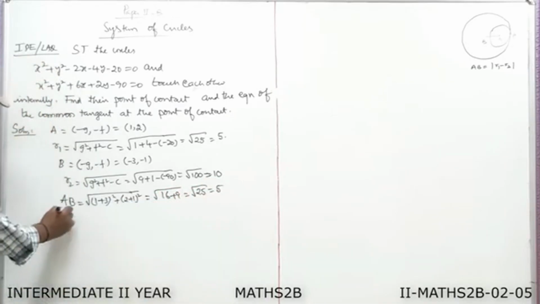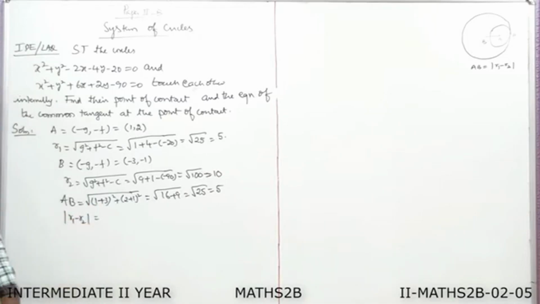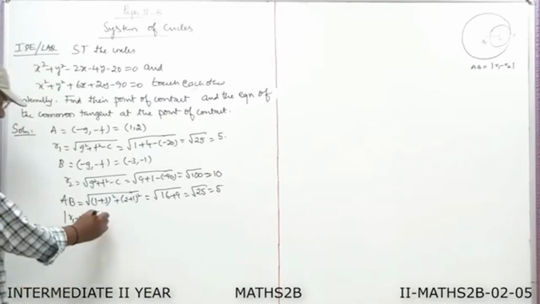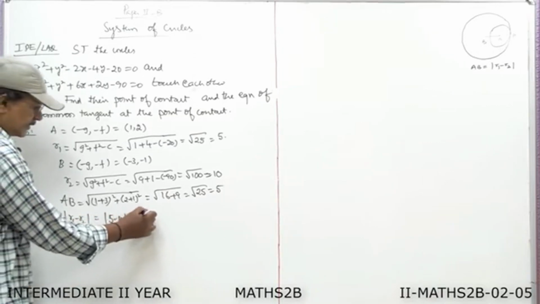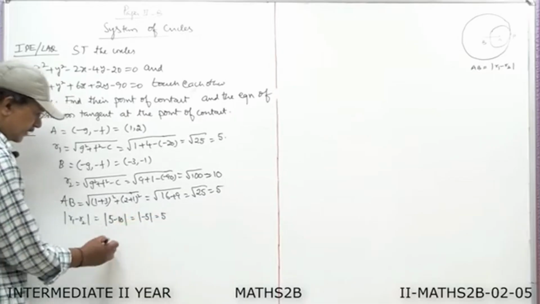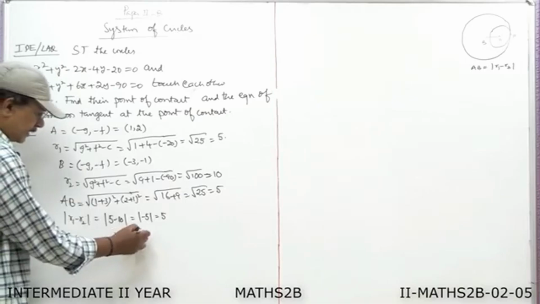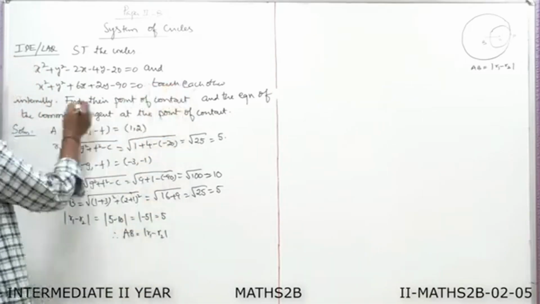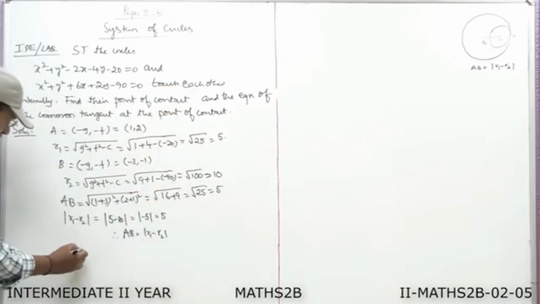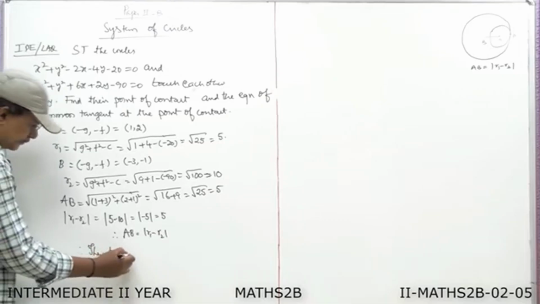Now take mod R1 minus R2, the difference of the radii, that is mod 5 minus 10, modulus of minus 5, equal to 5. Clearly, AB is equal to mod R1 minus R2. Therefore, they touch internally.